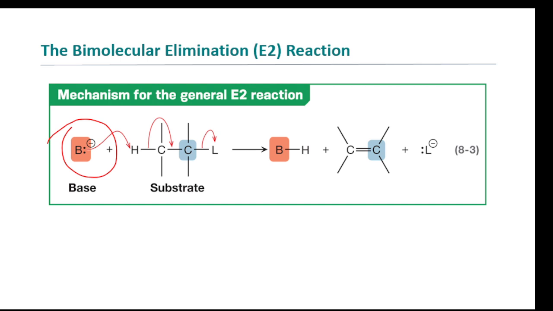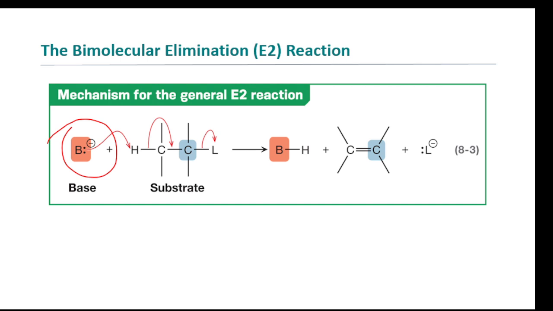Overall, most bases are nucleophiles to some degree, and most nucleophiles are bases to some degree. The big difference between them is nucleophiles have orbitals that can reach out and attack those positively charged carbons, so it doesn't need to just accept a proton onto it. A base, on the other hand, is usually not as good at reaching out and attacking those carbons, and so it more easily accepts that proton. Is that making some sense?